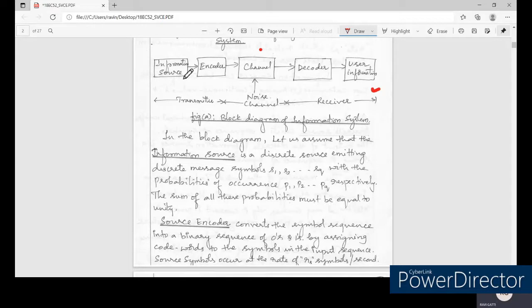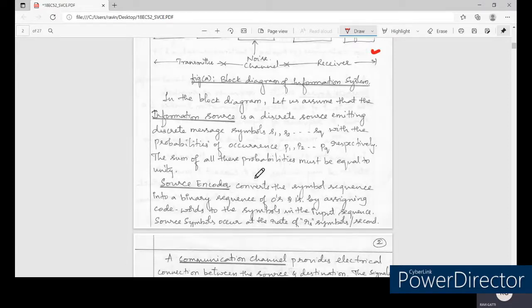Generally the information source is represented in the form of a source alphabet, which we represent as S. It produces a certain finite number of symbols, which we represent as S1, S2, up to Sq, a certain q number of symbols. These symbols are produced with some distinct probability values, which we represent as P1, P2 and Pq respectively for the symbols S1, S2 and Sq.